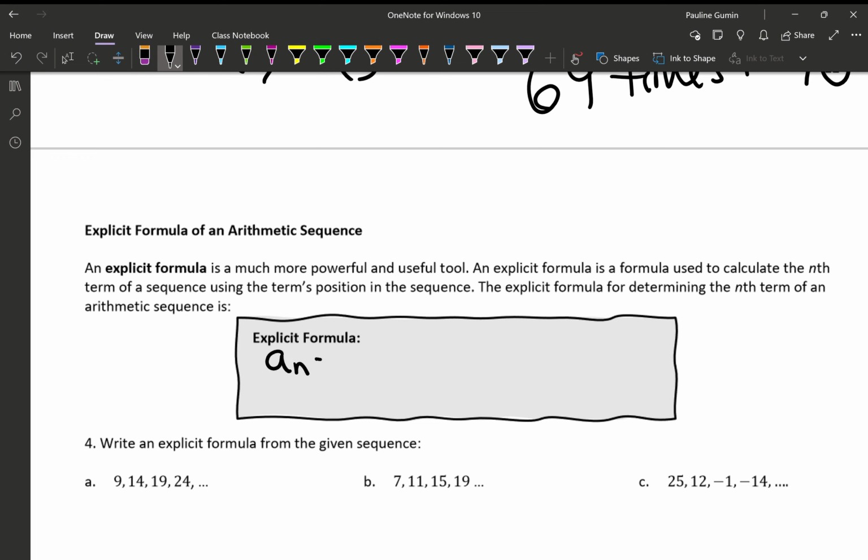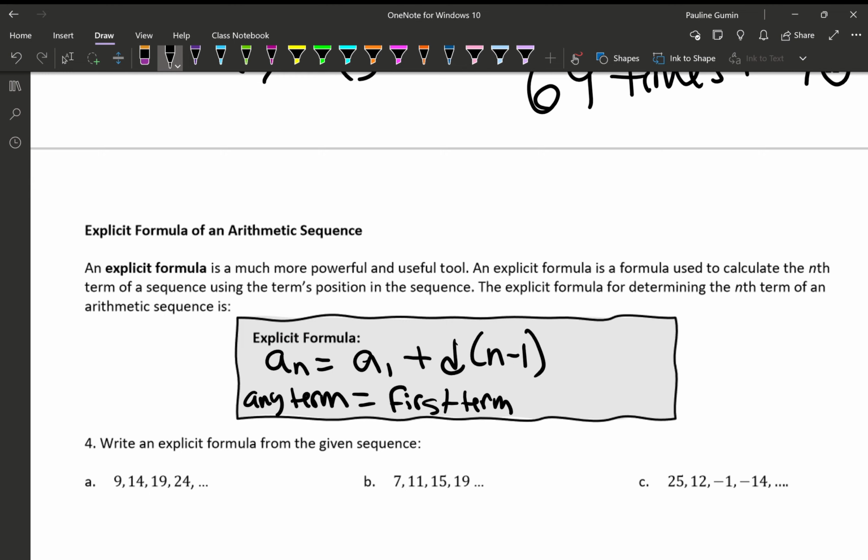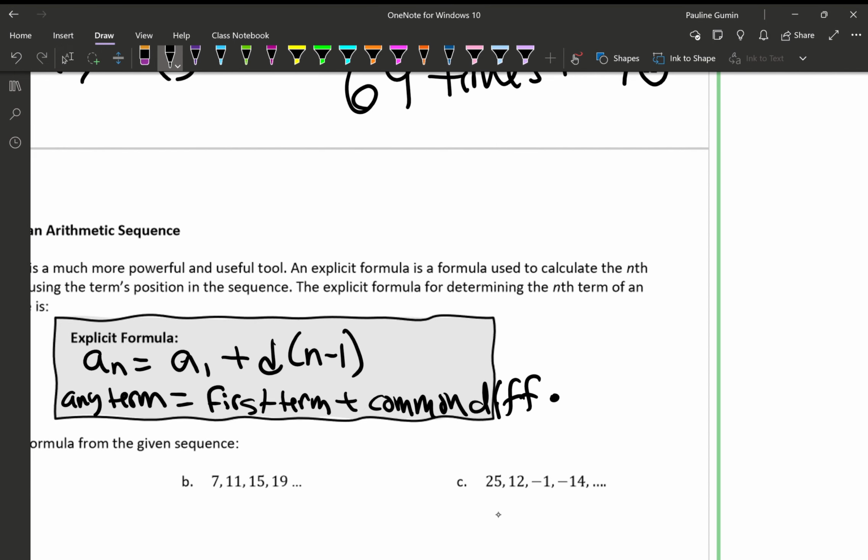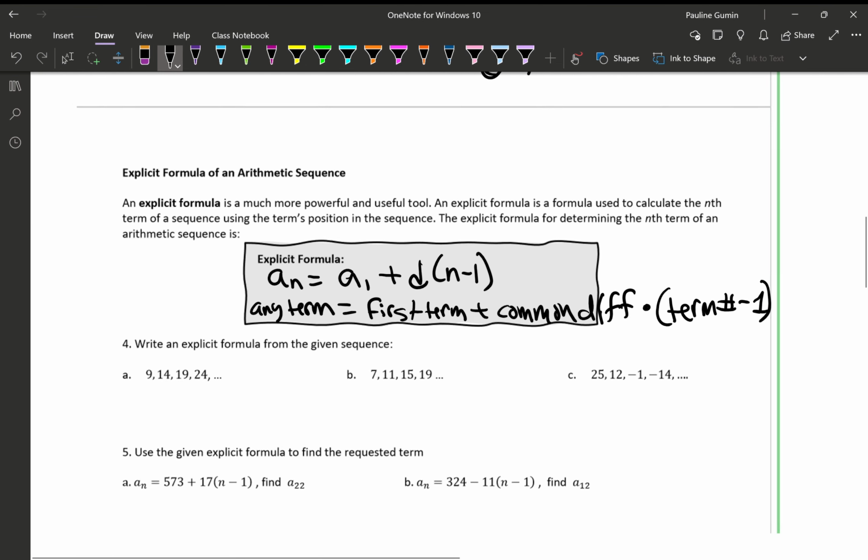The explicit formula: we can find any term by doing a_1, the first term, plus d, the common difference, times n minus 1, where n is the term number. You'll see what I mean in a second.